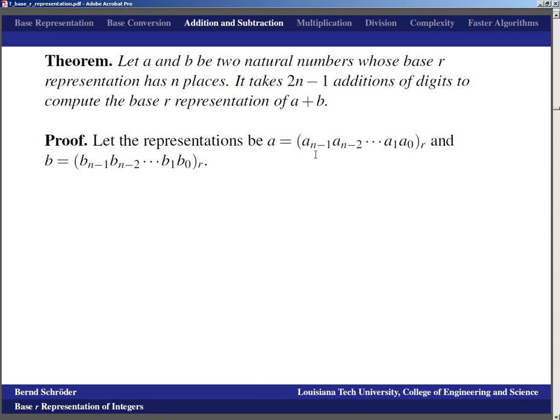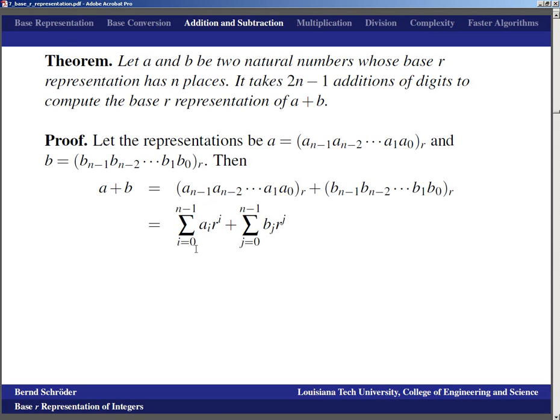You take the representations to be a sub n minus 1 to a0. If we have n places, then the nth place has index n minus 1, because we always start counting at 0, because we want to have that this has value r to the 0th. And so we've got these two sequences of digits. And then we add, and so a plus b is this digit sequence plus this digit sequence.